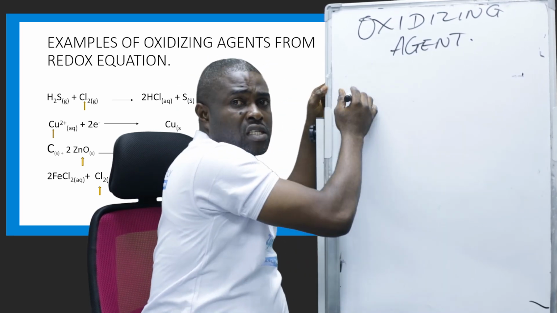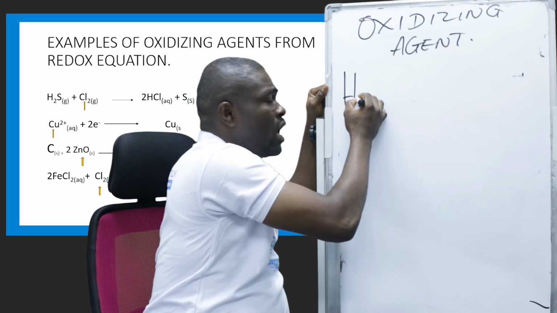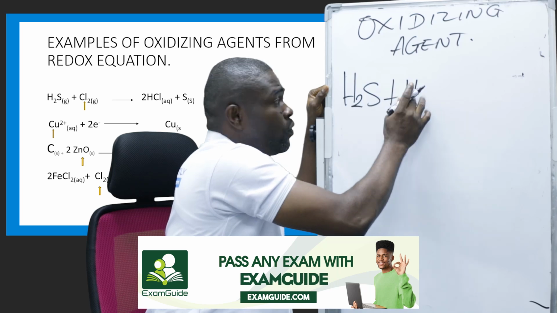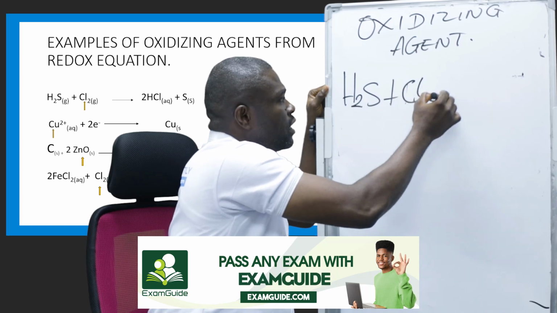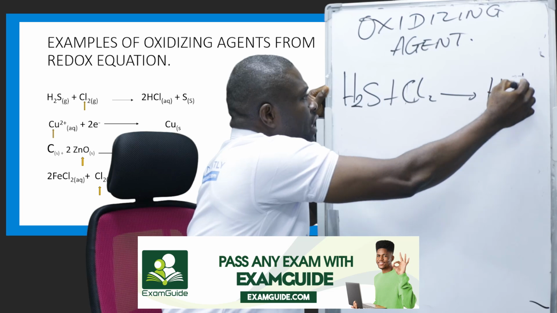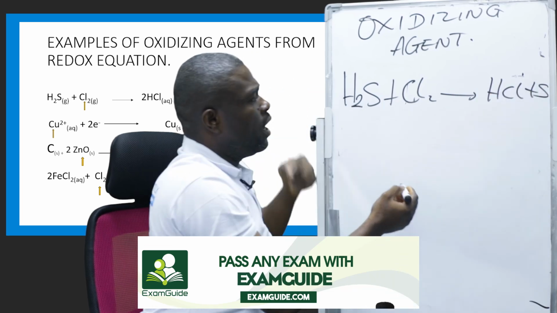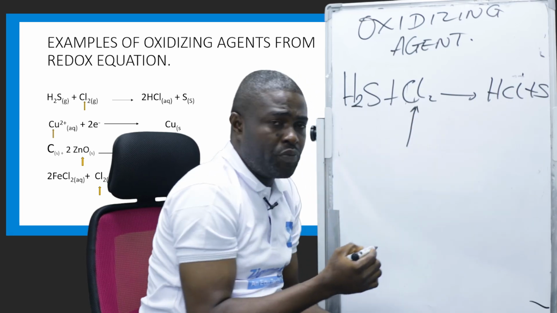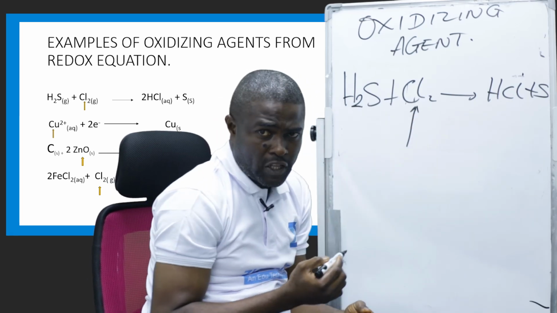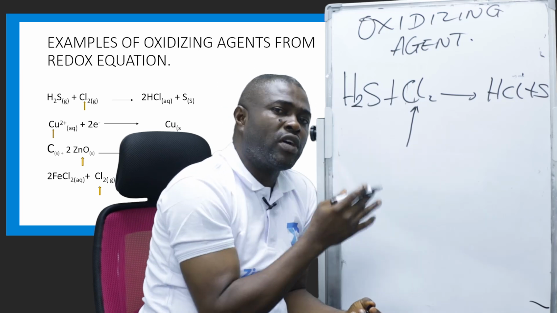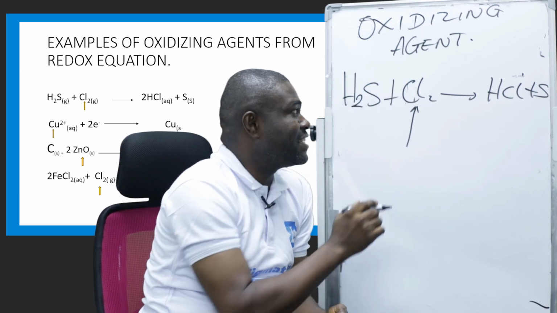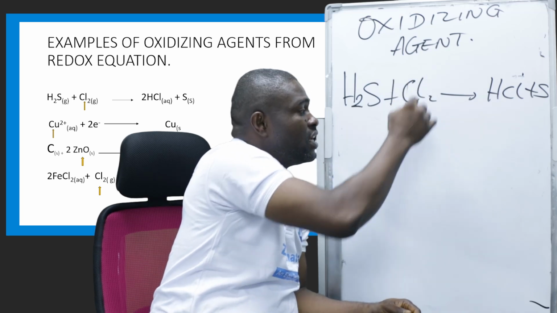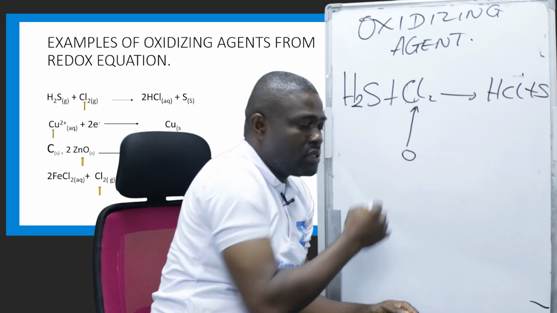I am taking this from a reaction between hydrogen sulfide plus chlorine that gives me hydrochloric acid plus sulfur. And this particular element is being pointed to be an oxidizing agent. Let us check if it actually qualifies. As long as it does not carry charge and is in a free state, its oxidation number is 0.